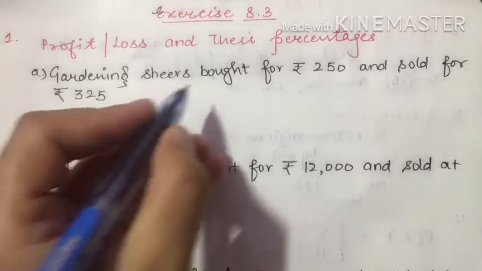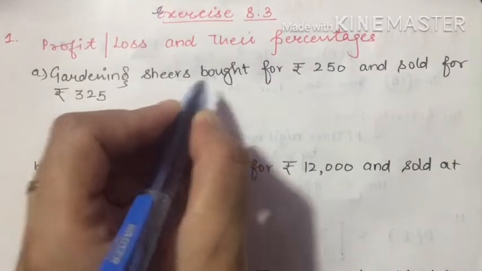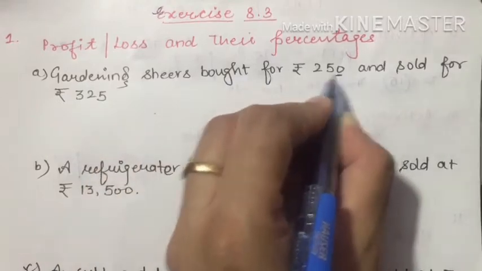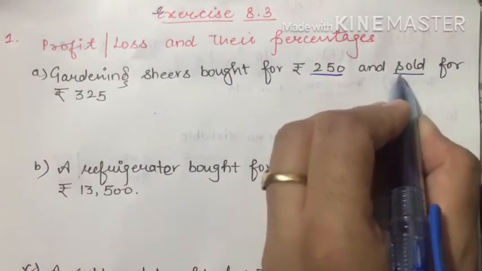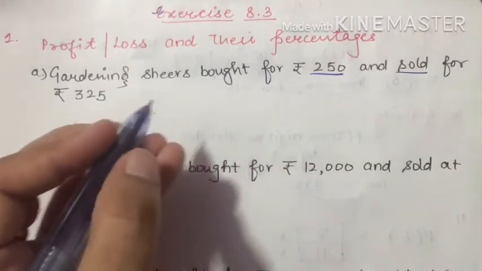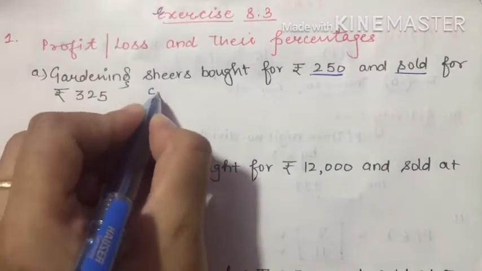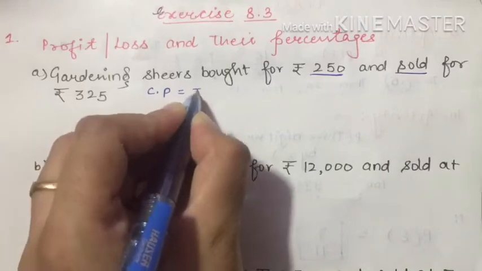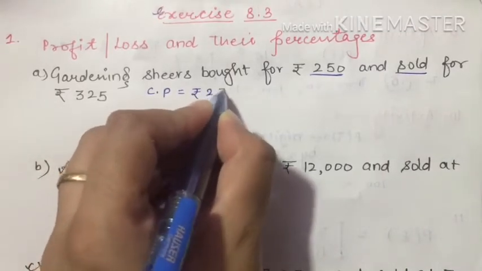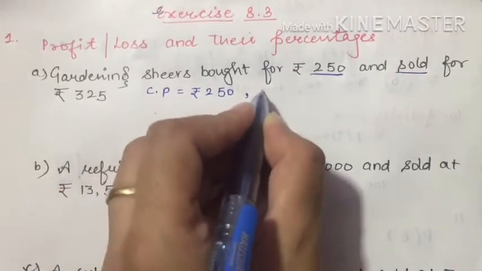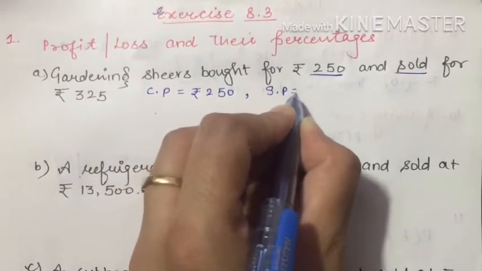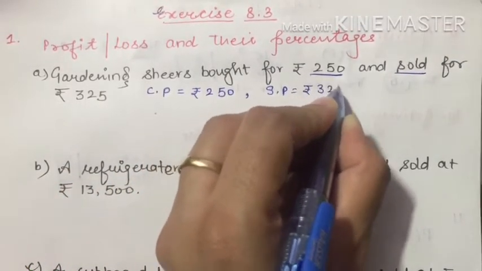First of all, if a person buys anything, that is the CP of the product, and if he is selling anything, that is the selling price. So first we write cost price, the price at which things are bought. I purchased it for 250 and sold it for rupees 325.